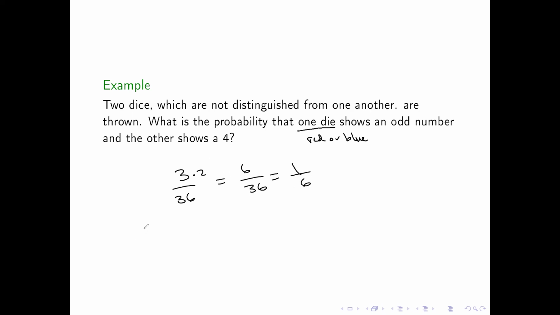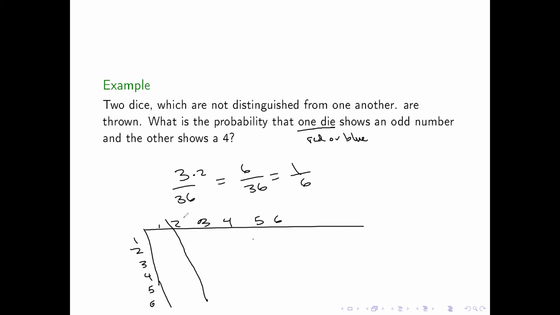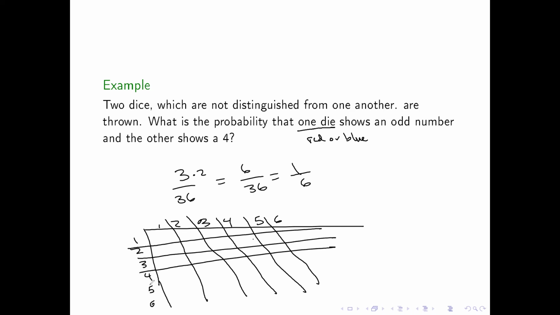Now, if you really wanted to see that brute force, go ahead and build a table of all the different ways to roll the dice, where I have 1, 2, 3, 4, 5, 6 and 1, 2, 3, 4, 5, 6. You can see there are going to be 36 options if I start making a table like this. These are not straight lines, I know. I'm just going to mark the ones that I want.